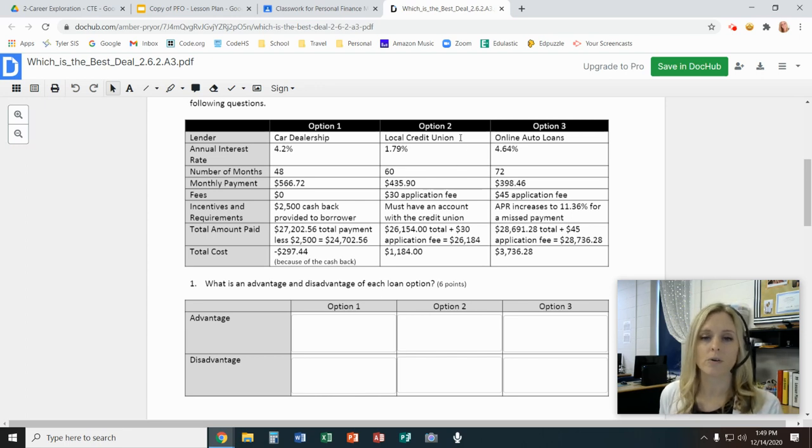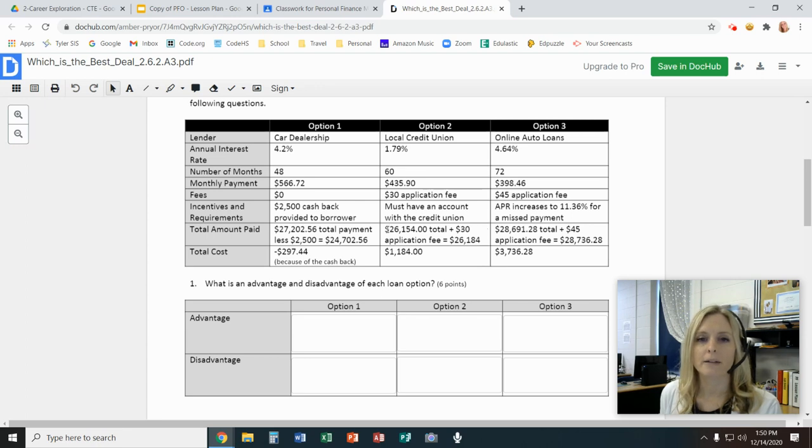Option two, the local credit union, offers a 1.79% interest rate for 60 months, which is 5 years, and the monthly payment is $435.90. There is a $30 application fee, and the only requirement here is that he must have an account with the credit union, which he could open. Not a big deal.